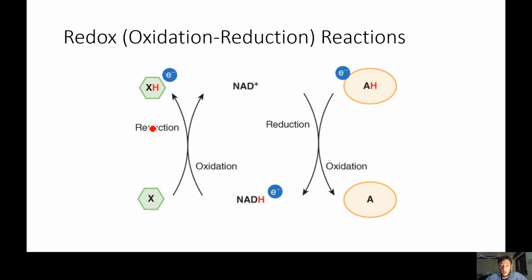So when we come to our redox reactions, or oxidation reduction is what that is kind of short for, look at, for example, NAD plus and NADH. These two molecules change back and forth between each other. And the difference is that, look at this extra part here, I believe it's a hydrogen.